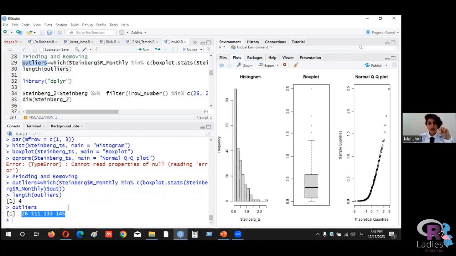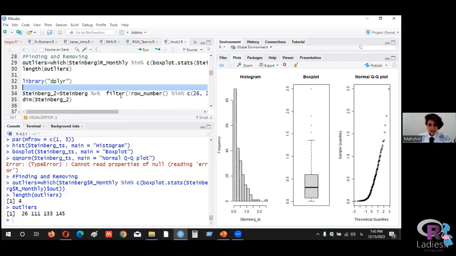It means that we have 4 outliers which are placed on row numbers 26, 111, 133, and 145. So now we know about the number of outliers and the exact place of them.